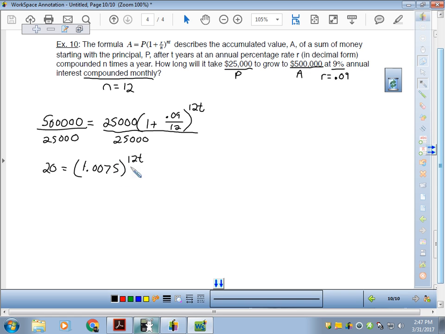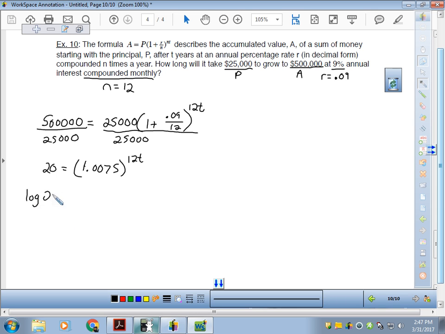We've cleaned it up a little bit. We've isolated the exponential. The exponential expression is by itself. Now, is there a common base between 20 and 1.0075? No, unfortunately, so we can't use that method. Instead, we're going to use logarithms. I'm going to take a logarithm on both sides.